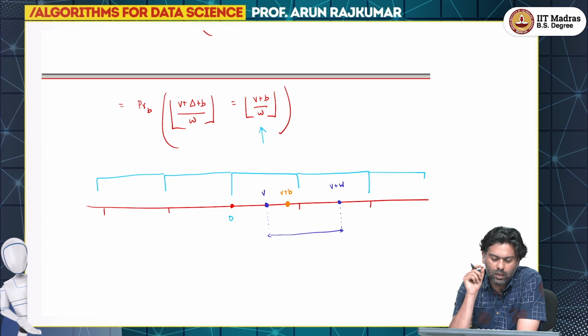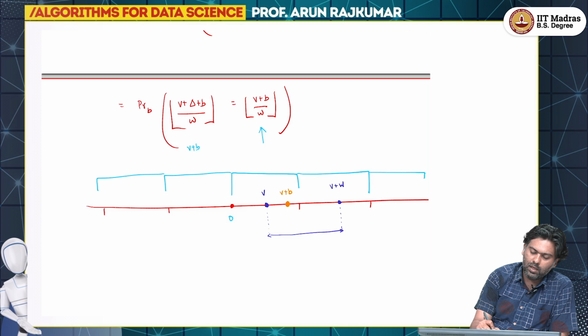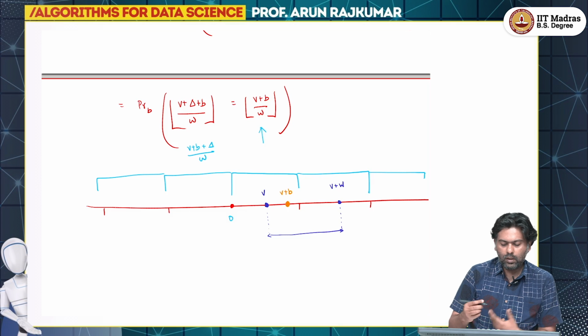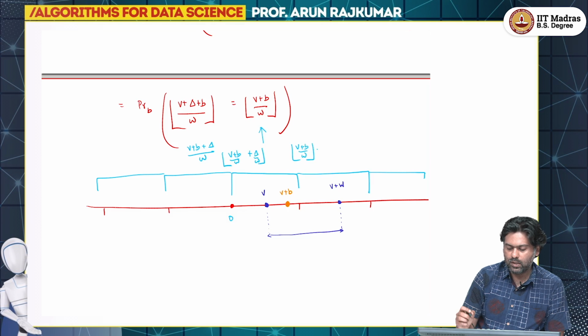So, basically the left hand side is V plus B plus delta by W, right. I can write that as V plus B by W, which is the previous guy, plus delta by W, and then the floor of this. The right hand side is just V plus B by W, the floor of this, right.